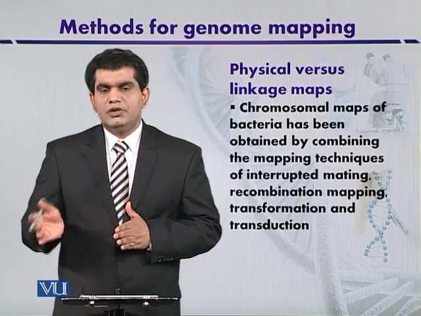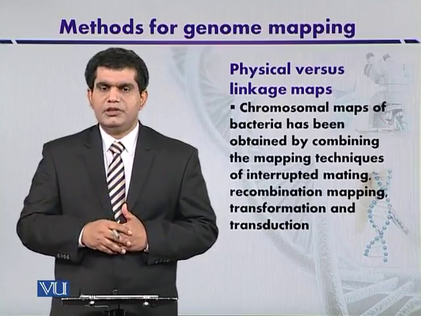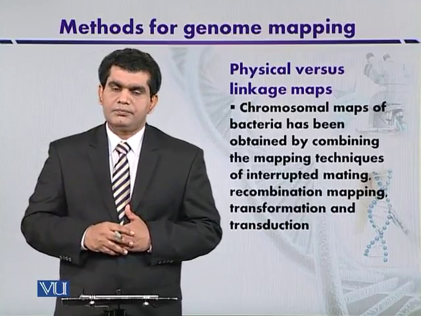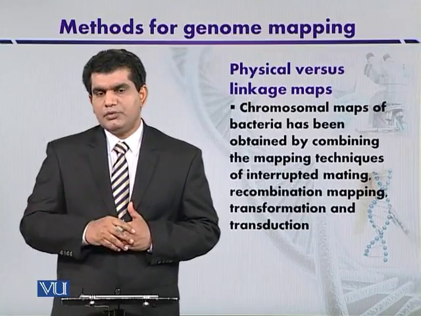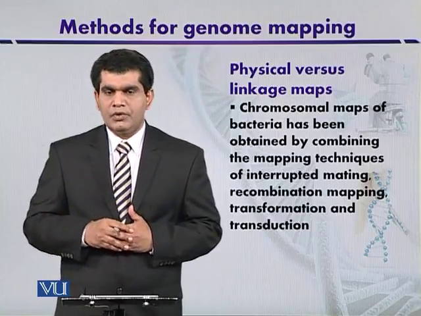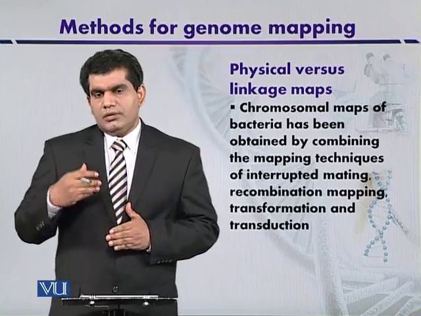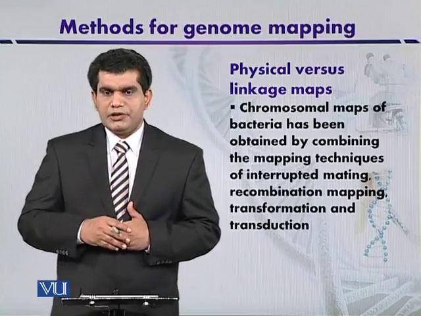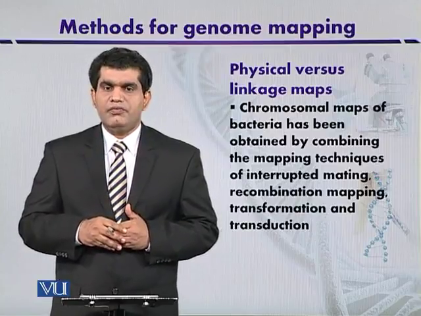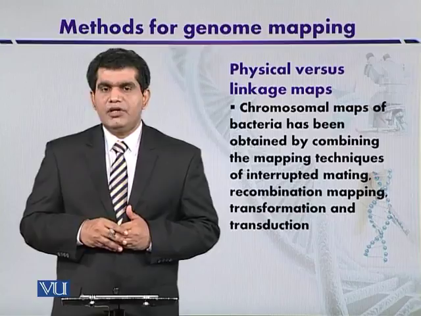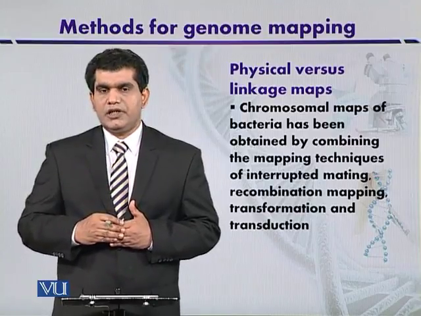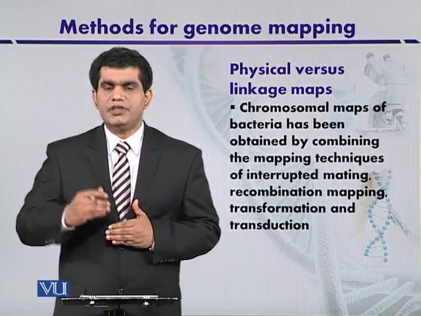Then after 27 years, around 1990, by using more advanced techniques, the position of around 1400 genes is known today, because now it is more elaborated. And then with the passage of time, we have also developed certain techniques where we can compare these two types of maps, that is linkage maps with physical maps.